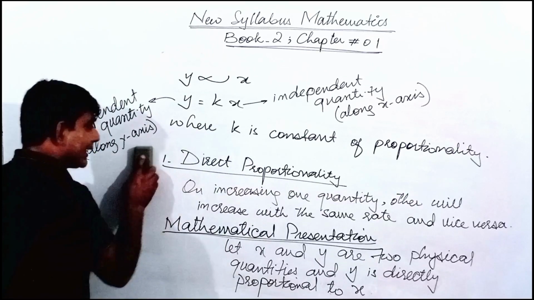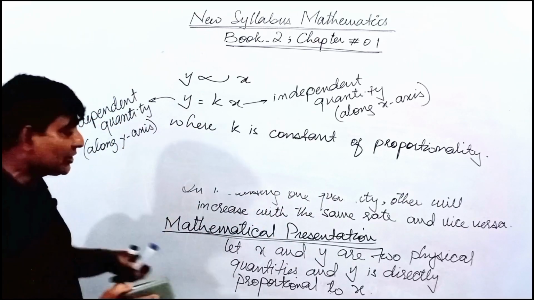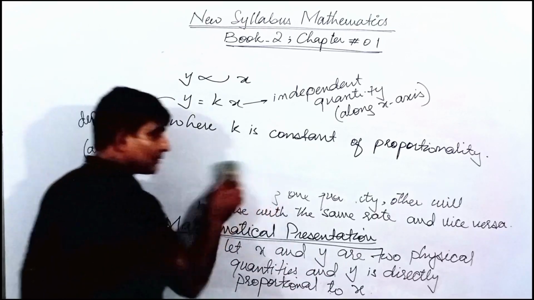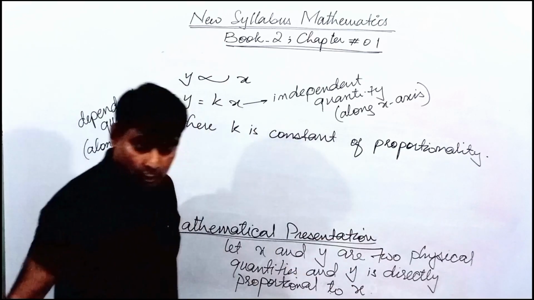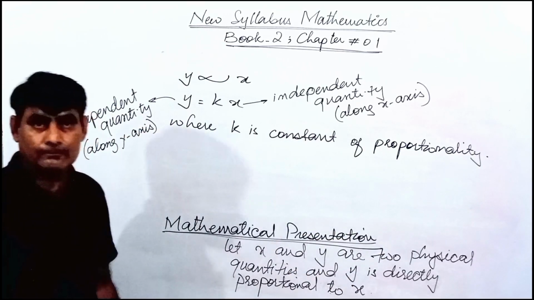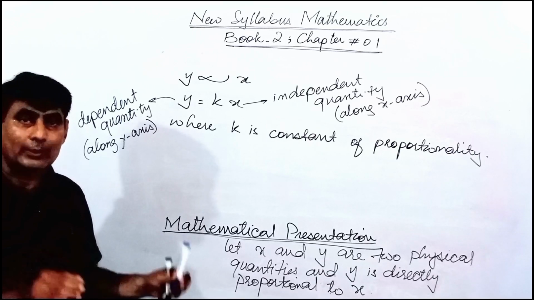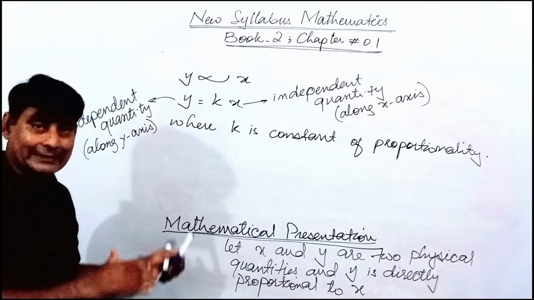Now the next thing related to direct proportionality is the graphical presentation. This is the mathematical presentation, and now we consider the graphical presentation. We know how to interpret data by pictures, for example pictogram, pie chart, bar graph, histogram, line graph.